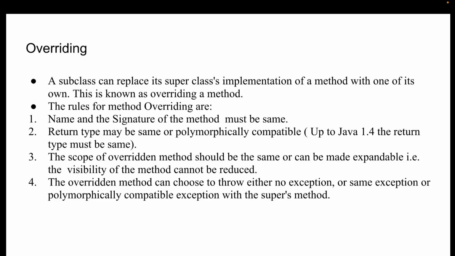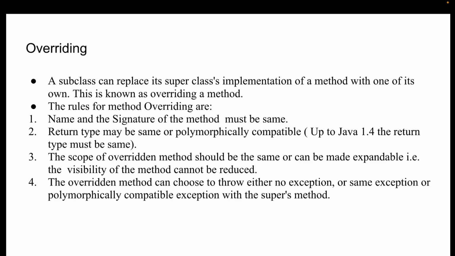A subclass can replace its superclass implementation of a method with one of its own. So whatever implementation was there in the superclass method, you are overriding that with another implementation in your child class. This is called method overriding.